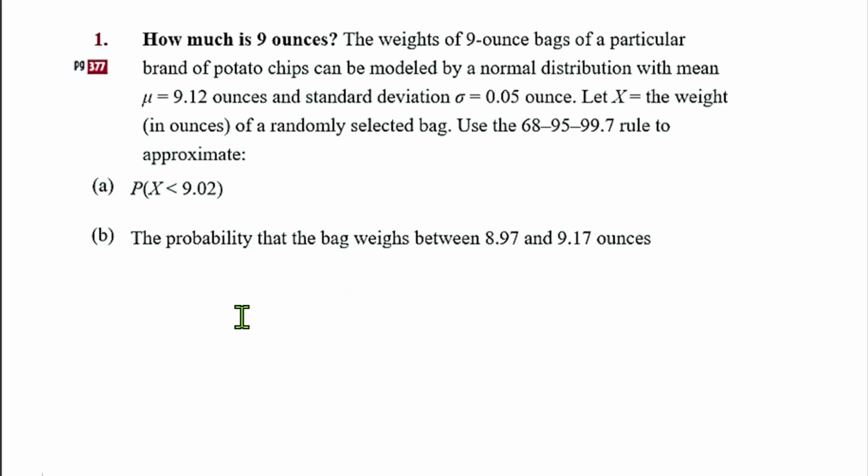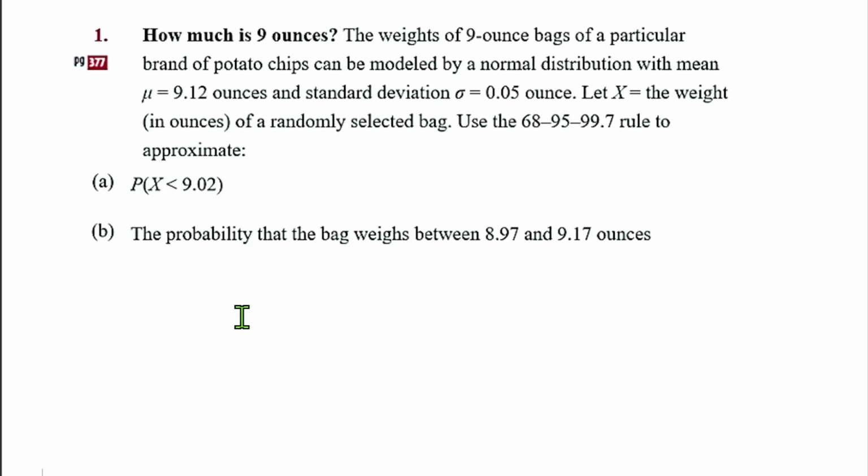All right, what's going on here? The mean weight of a potato chip bag is 9.12. The standard deviation of the bags is 0.05 ounces.